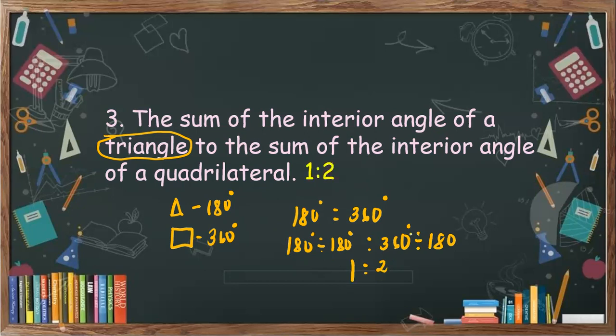That's why we get 1 is to 2. Just think of a number which can be divided into both terms of our ratio, and that is called the GCF or greatest common factor.